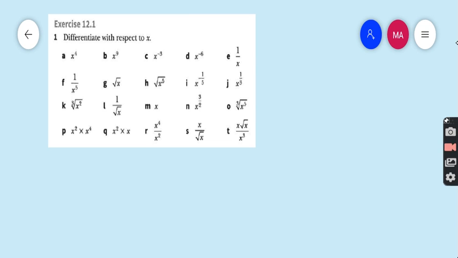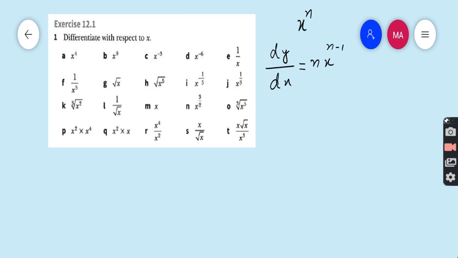The simple formula of the derivative dy by dx is this: suppose we have a function x to the power n, then dy by dx of x to the power n is n x to the power n minus 1.